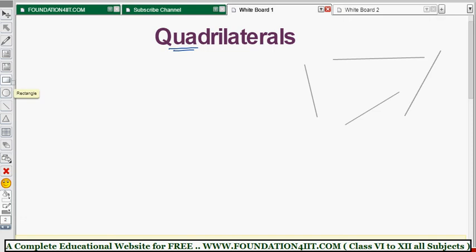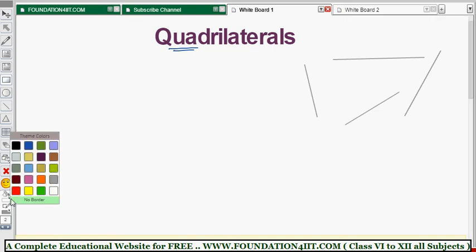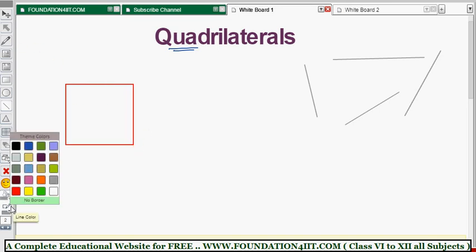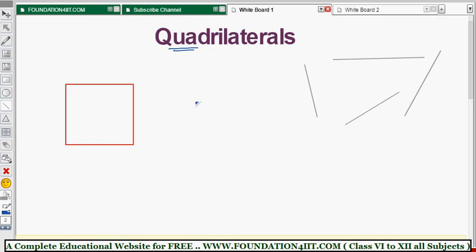So four sides. Four lines if you take, one, and it should be closed, two, three, four. A closed figure bounded by four line segments, and each line segment must have endpoints.